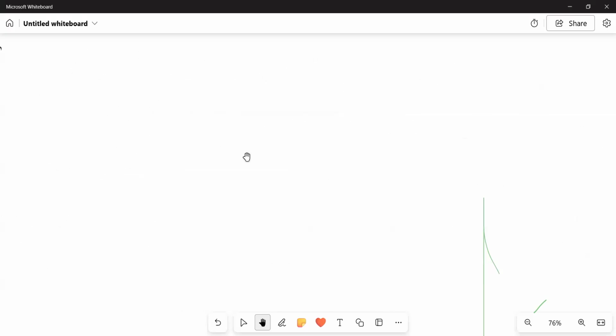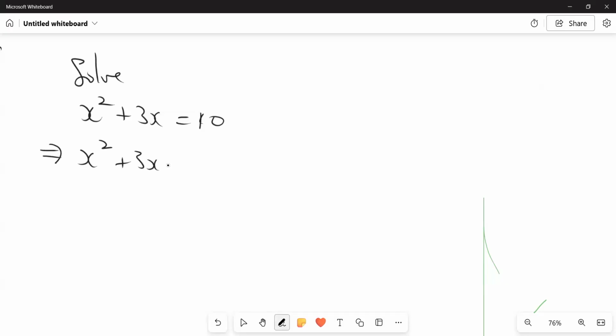Let's take a couple more. Let's say you have to solve x squared plus 3x equals 10. Remember I said you have to make it equal 0. So that implies that x squared plus 3x minus 10 equals 0. We're going to skip the whole process of factorizing, and I'll tell you that this is x plus 5, x minus 2 equals 0.